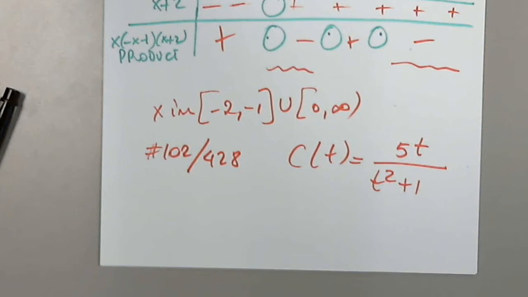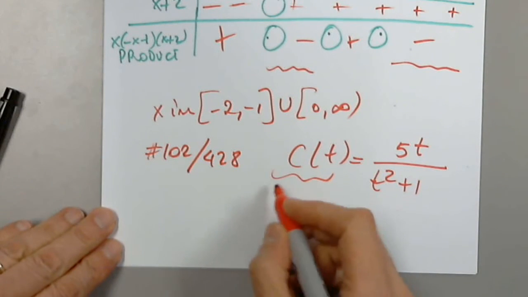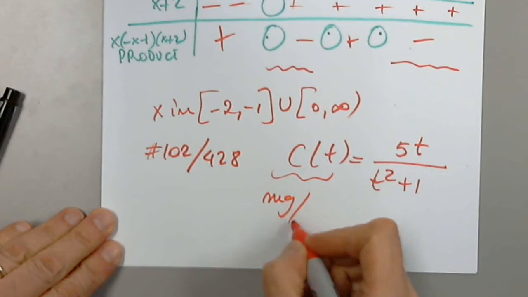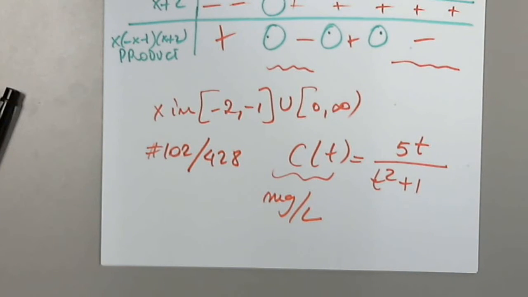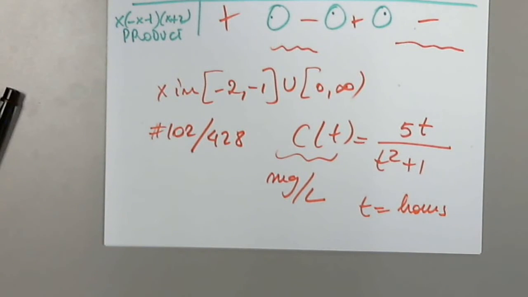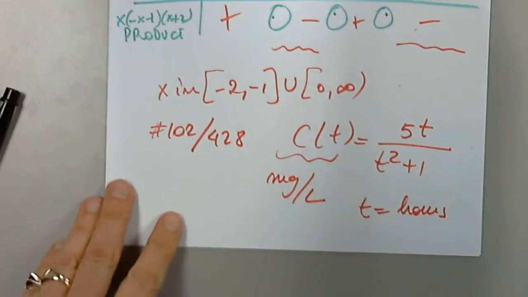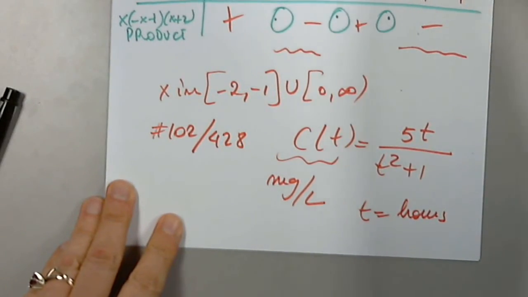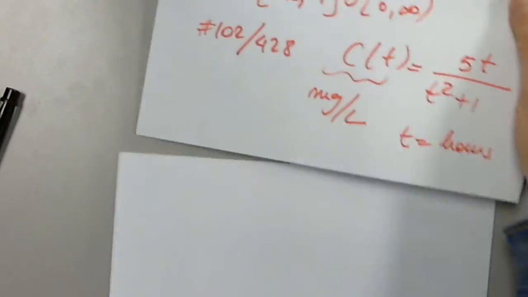Okay, so the drug's concentration C of T, this is the concentration in milligrams per liter, after T hours, so T is time in hours. They want us to graph this function using the graphing calculator, which we can do. There is a picture of the graph, but I would like to graph it with you.